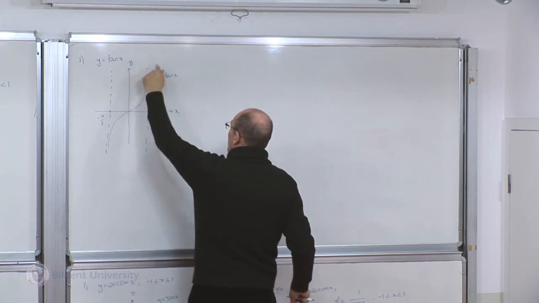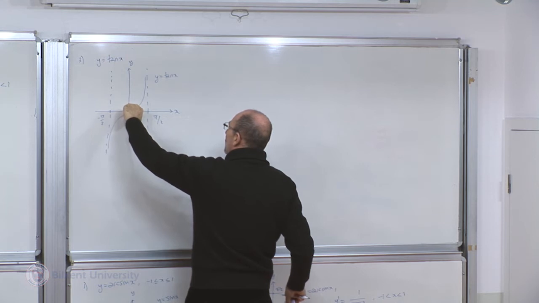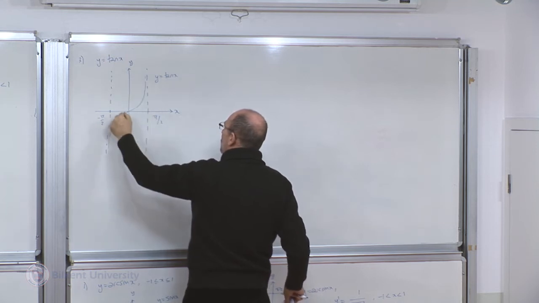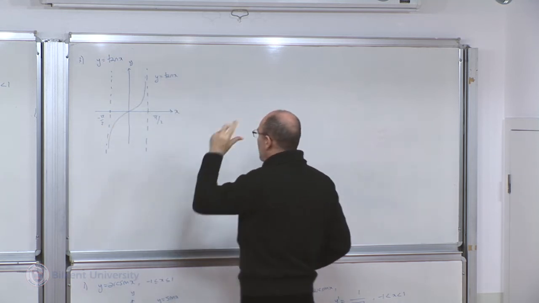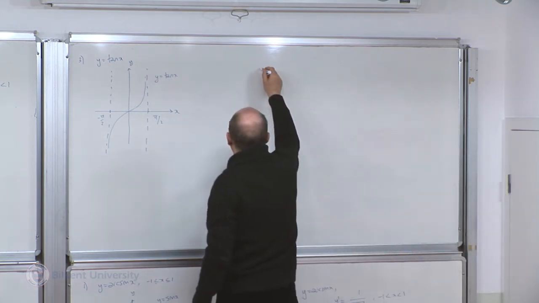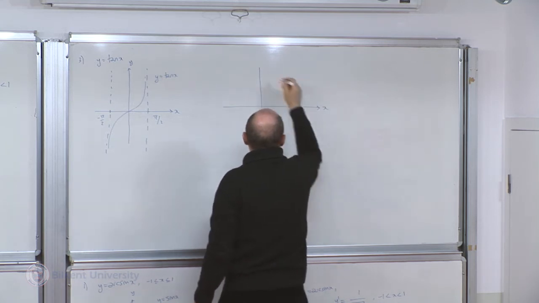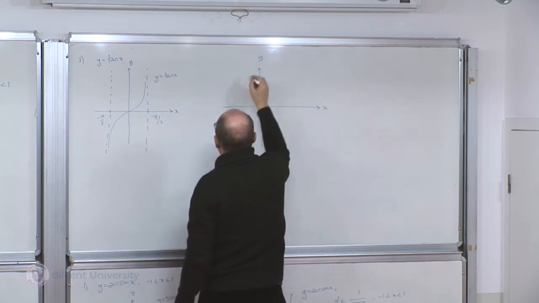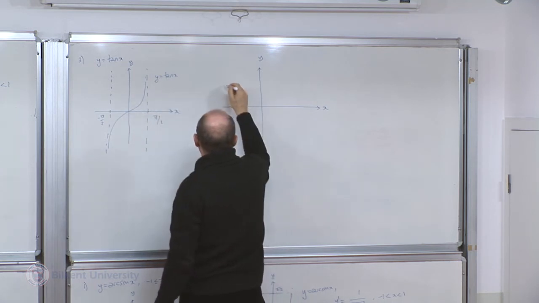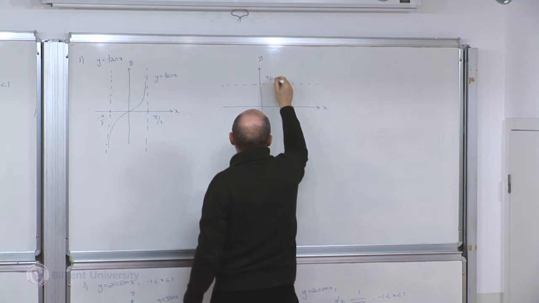So this part goes to plus infinity, and the graph of this will be asymptotic to this. So the graph will be like this. Just picture this in your mind. So let us draw that. This is x, y. So this asymptote becomes this asymptote. This is pi over 2.